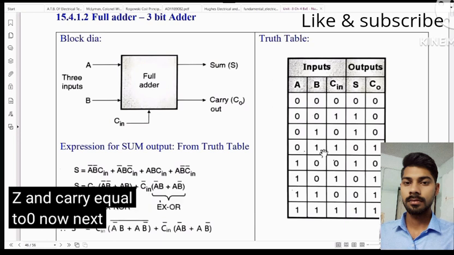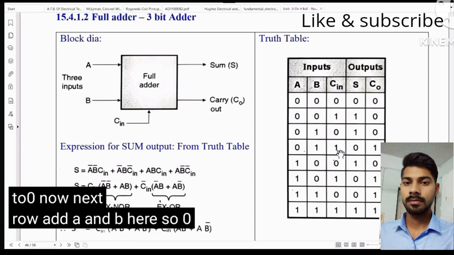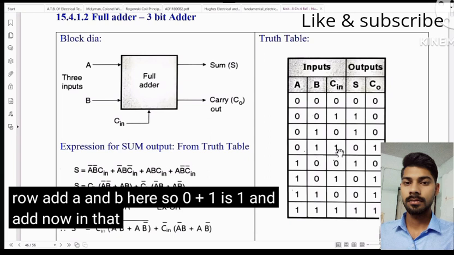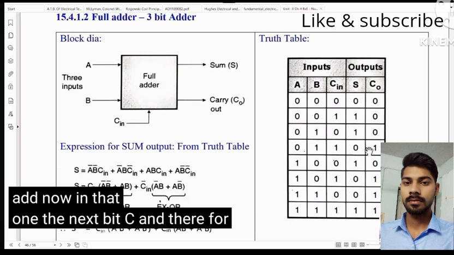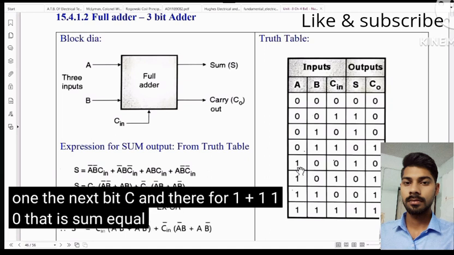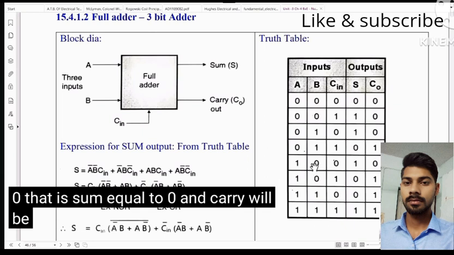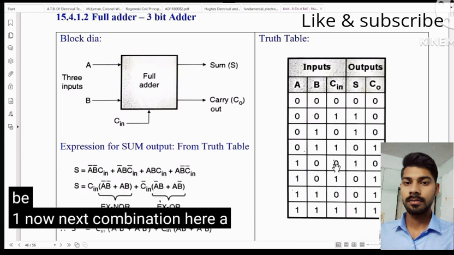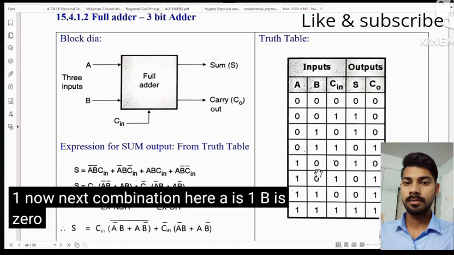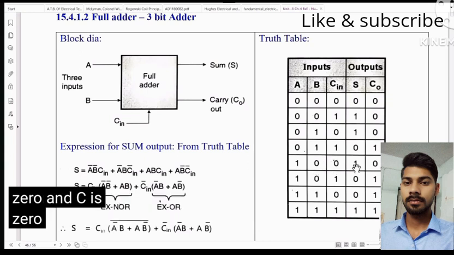Now next row. Add A and B here. So 0 plus 1 is 1. And add now in that 1 the next bit C. And therefore 1 plus 1, 1 0. That is sum equal to 0 and carry will be 1. Now next combination, here A is 1, B is 0 and C is 0.